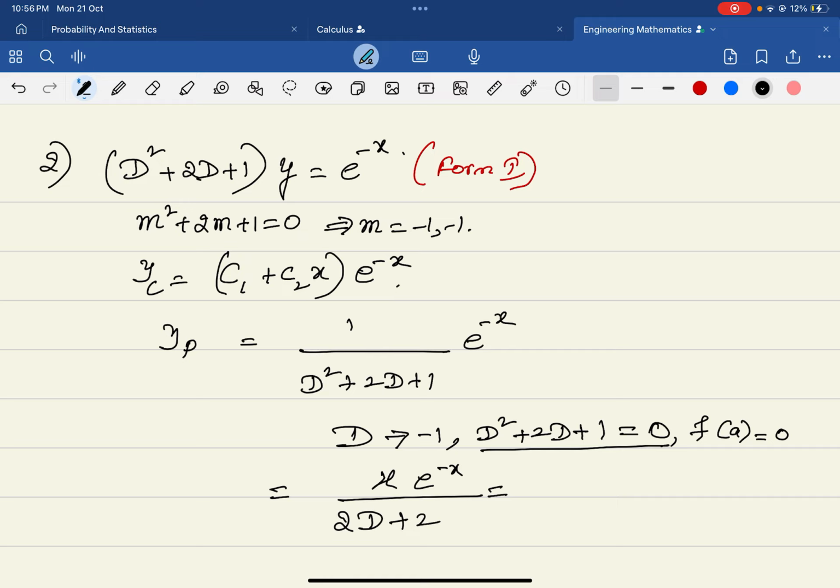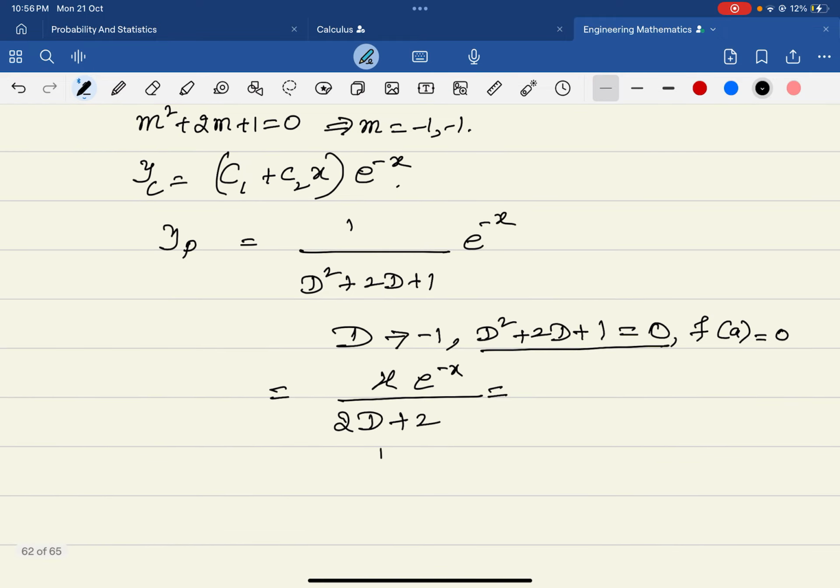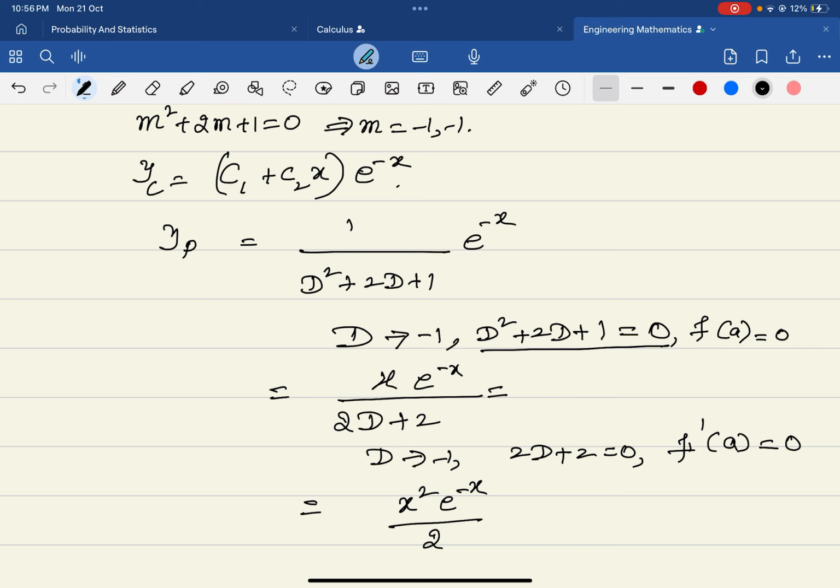Now again if you replace d by minus 1, your 2d plus 2 again becomes 0. So f dash of a is also equal to 0. So you multiply by x once again, over the derivative, which is 2. So this is the particular integral.